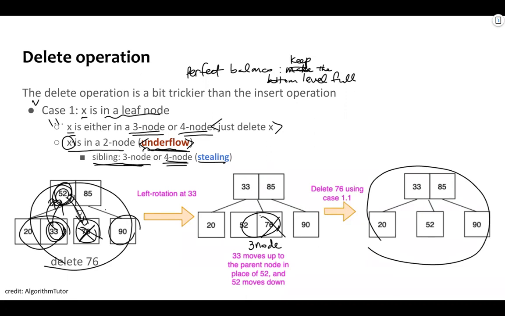And if we are stealing from the left sibling, then we get the left one. And if we steal from the right sibling, then we're going to get the right one from the parent.